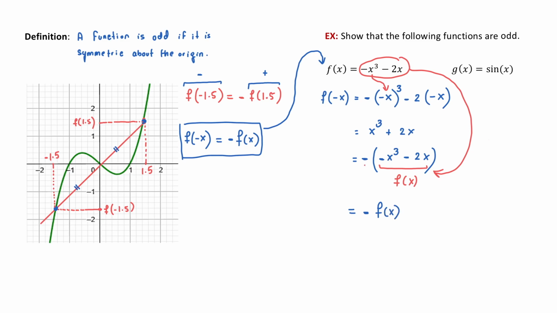And this minus outside was the one that we factored out right here. So now in conclusion, we showed that f of negative x is equal to minus f of x, which really means that f is odd. And this is pretty much the type of algebra that you always do whenever you want to show that a function is an odd function algebraically.